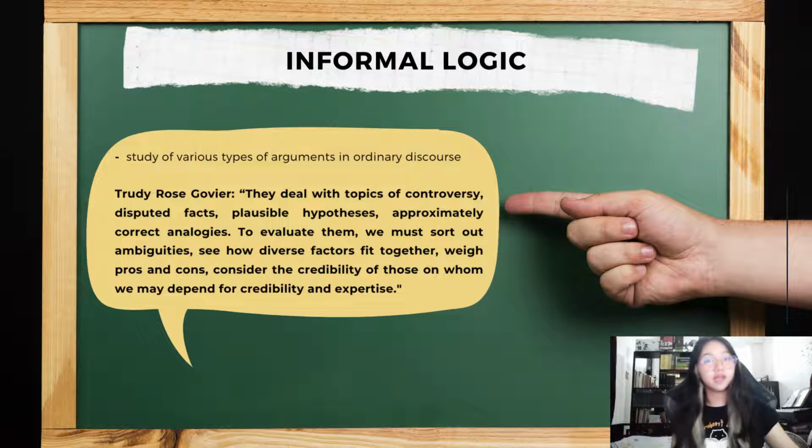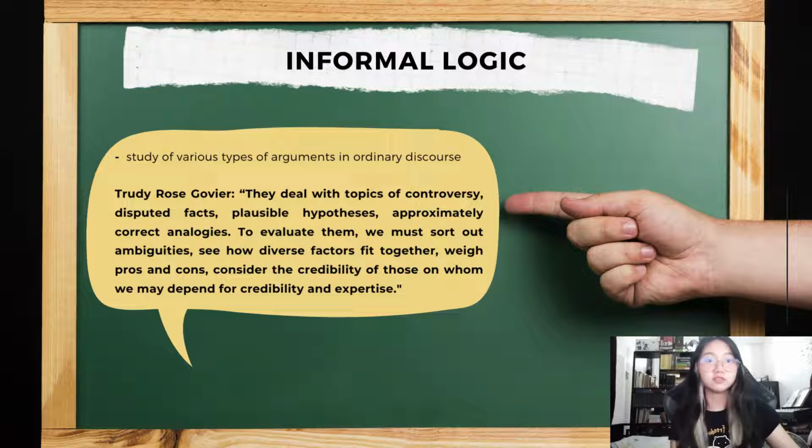According to Gauvier, they deal with topics of controversy, disputed facts, plausible hypotheses, approximately correct analogies. To evaluate them, we must sort out ambiguities, see how diverse factors fit together, weigh pros and cons, consider the credibility on whom we may depend on for credibility and expertise.